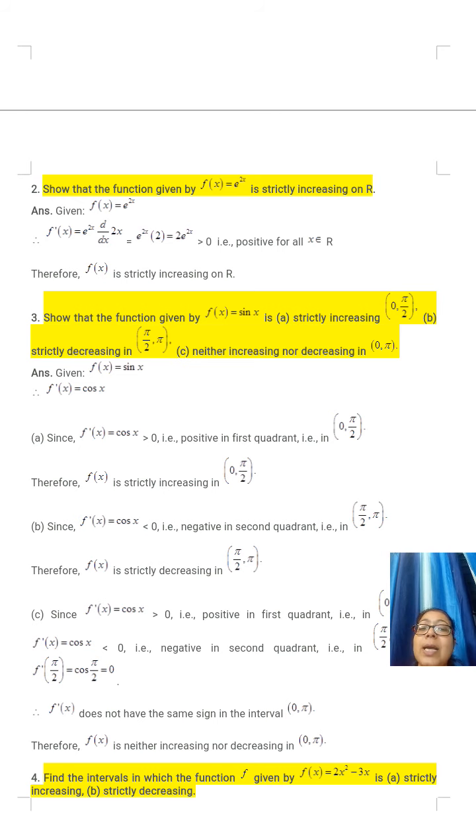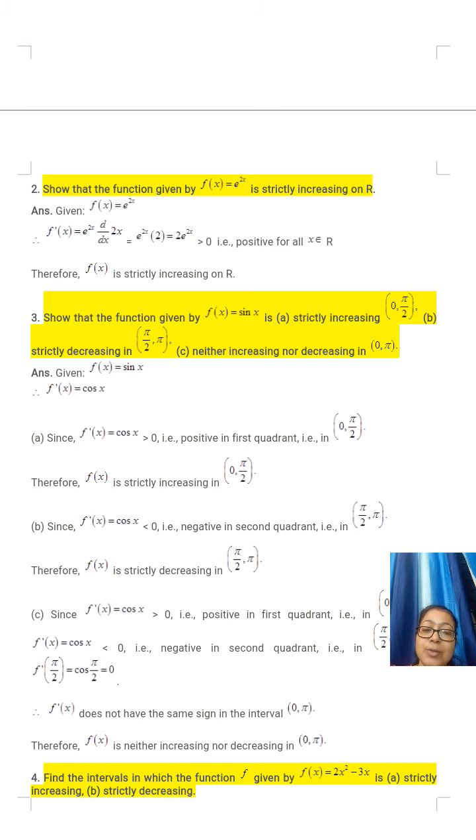Now f(x) = sin x, so f'(x) is equal to cos x. It will be more than 0 if positive, that is in the first quadrant, 0 to pi/2.